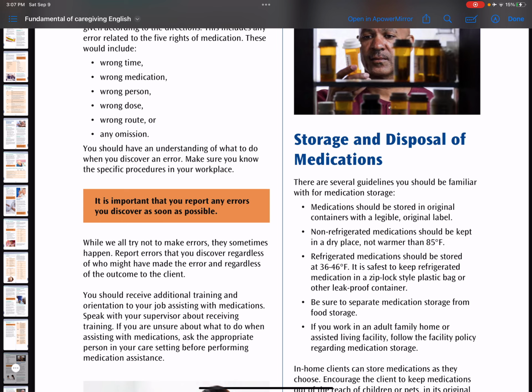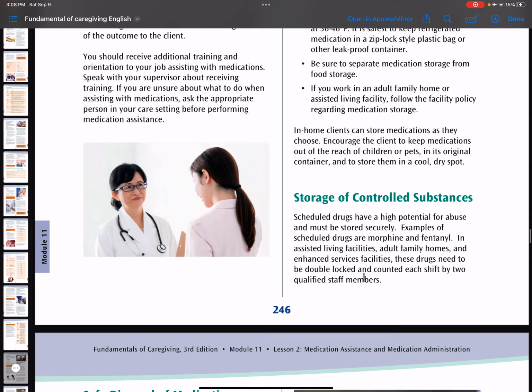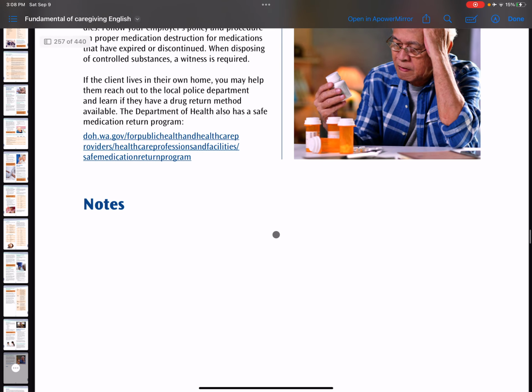If the client lives in their own home, it's different. So you may help them reach out to the local police department and learn if they have a drug return method available. There is a website that's listed in your book over here, so you can go there and access where people can dispose of unwanted medication.